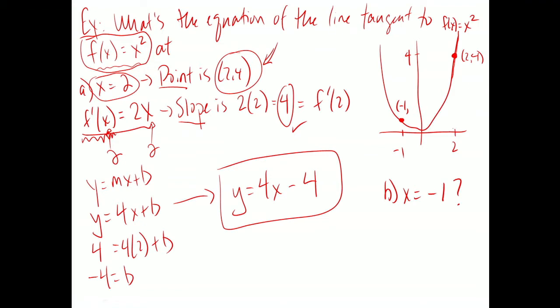Remember, this is the graph of y equals x squared, or f of x equals x squared. If I wanted to know a y value, I just run the x value through here and see what I get. If I plug negative 1 in for x, negative 1 squared is just 1. So that's the point, (negative 1, 1).